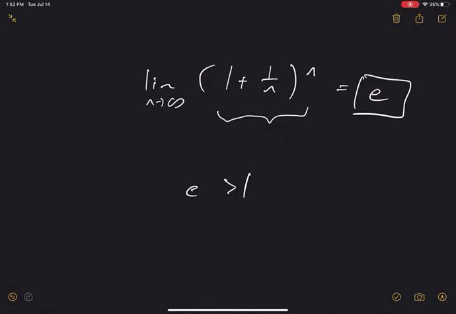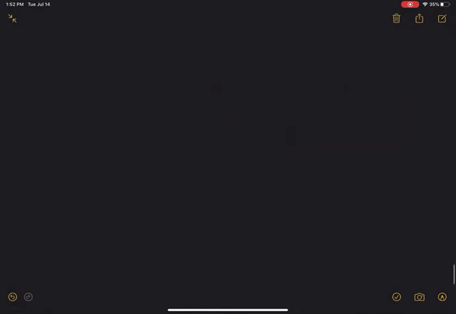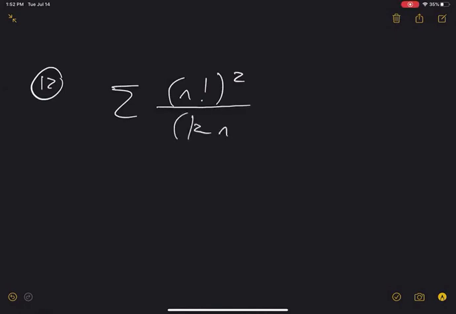Number 11 looks fairly straightforward. Everything looks fairly straightforward there. Let's look at number 12. I have (n factorial) squared over k times n factorial, and I'm asked for what values of k the series is convergent.